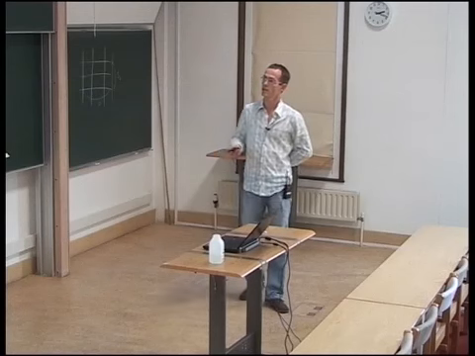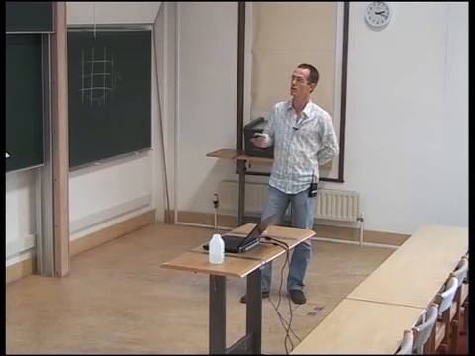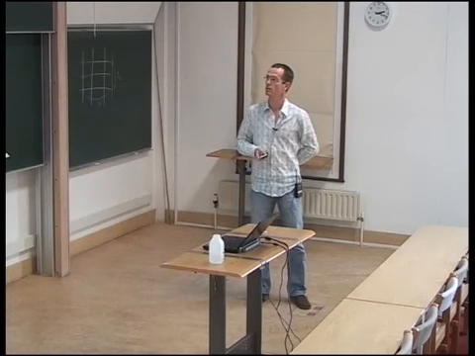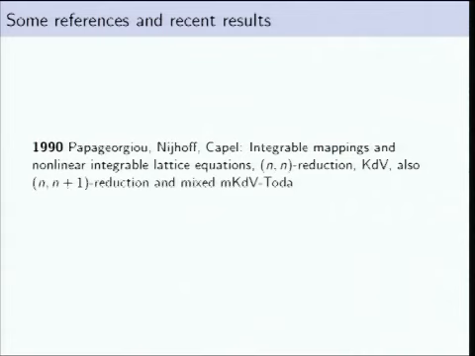So now this is, I think, the first instance of where this was applied, in the work by Papageorgiou, Nijhoff, and Capel. They had a particular staircase, a particular periodicity condition, or actually two different ones.